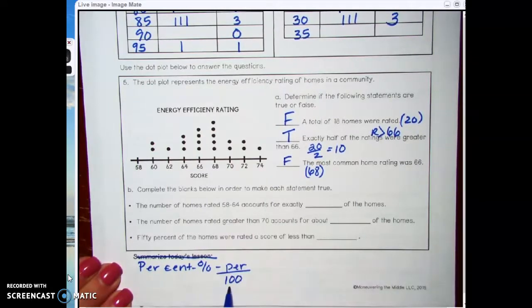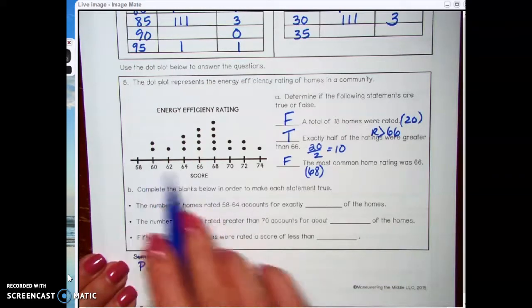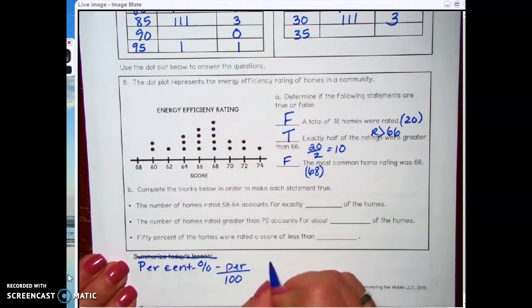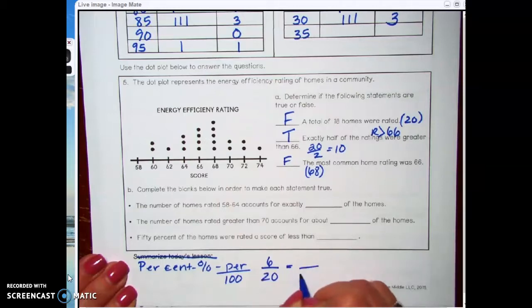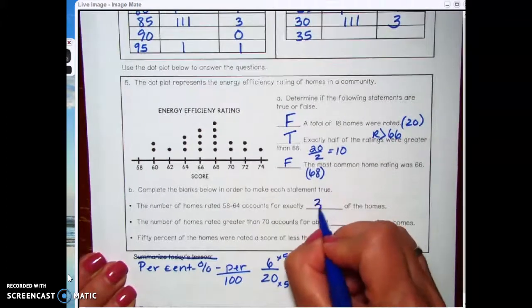So we want our denominator to be 100. So if I look at 58 to 64, I count it up and I have 6 out of a total of 20, but I want my denominator to be 100. I would multiply by 5 to get 100, so I have to multiply my numerator, and my answer is 30 hundredths, which is 30%.